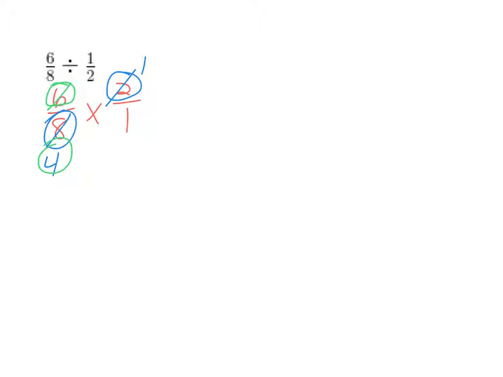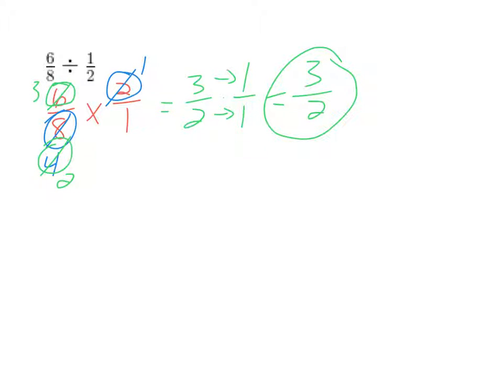I can take another 2 out of those, leaving me with 3/2 times 1/1, multiplying straight across. 3 times 1 is 3, 2 times 1 is 2. My final answer is 3/2. And if I want to, I can write that as a mixed number, 1 1/2, or 1.5.